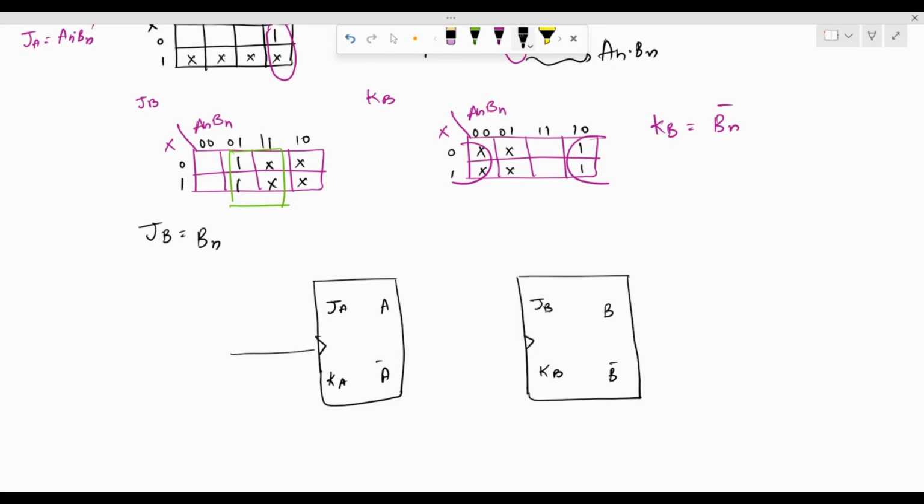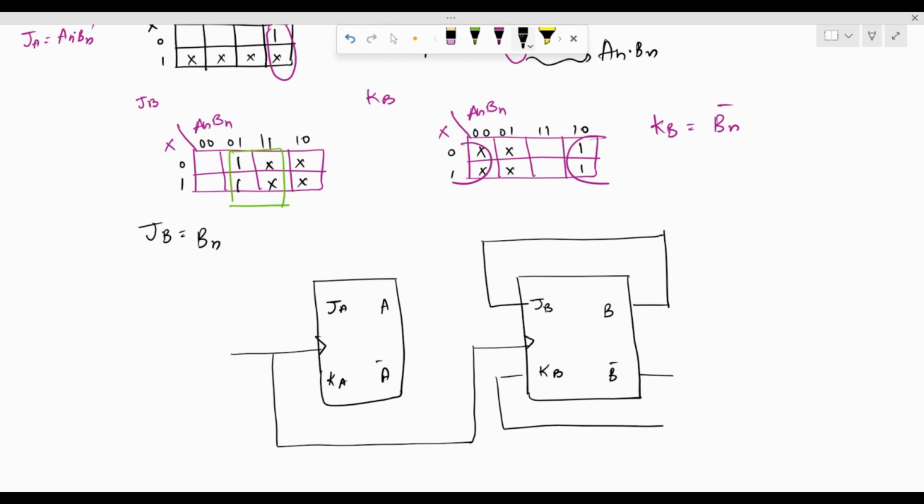This being synchronous in nature, both the flip flops would be excited with the same clock pulse. Here, JB is BN, so we can just join the output B into JB, and KB is BN bar. So this is how we get it.